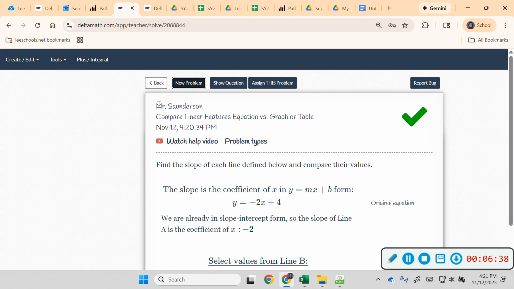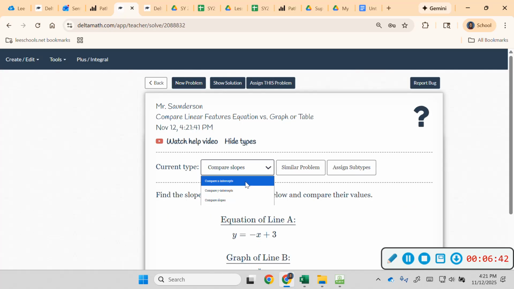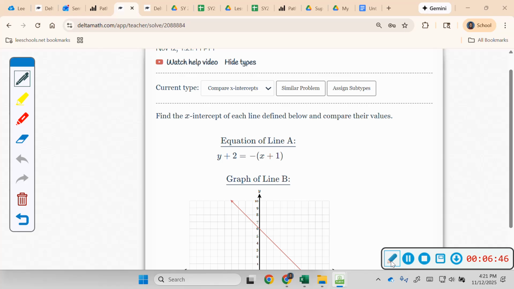B. Again, guys, sometimes it might ask you to compare the x-intercepts. To compare the x-intercept, you make the y value 0 after you put it in slope intercept. So distribute the negative 1, so I'd have negative 1x minus 1, and then bring these down. Then I subtract 2, so y is equal to negative 1x minus 3.